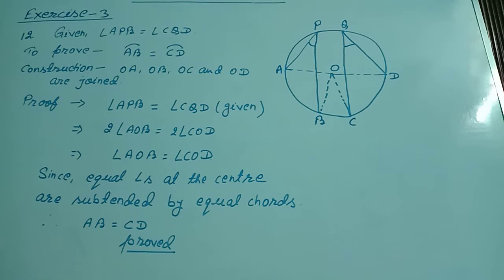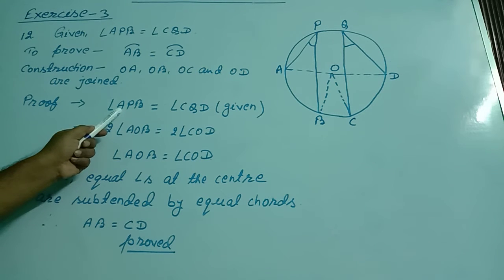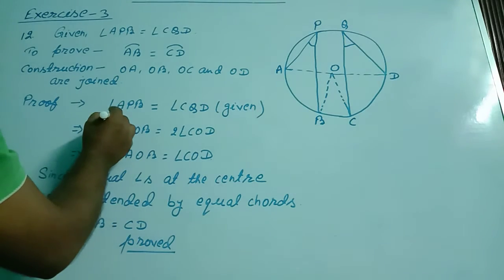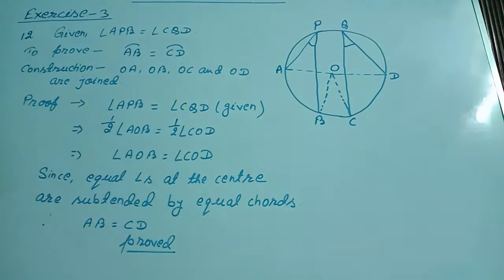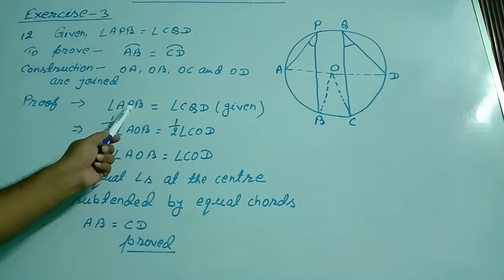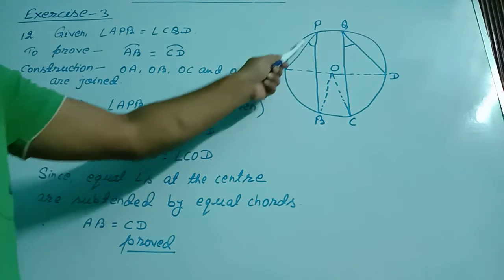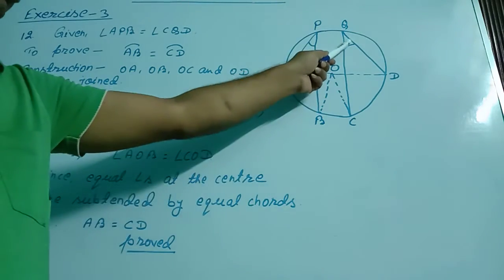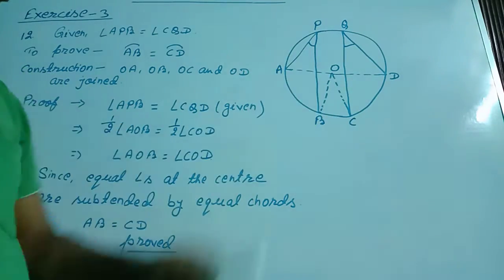And we know this angle is at the circumference, so the angle at the center will be twice the angle at the circumference, and for that we will write here 1 by 2 of angle AOB, means this angle will be half of the angle at the center. For this, angle AOB is the angle at the center, and for this angle, COD is the angle at the center.